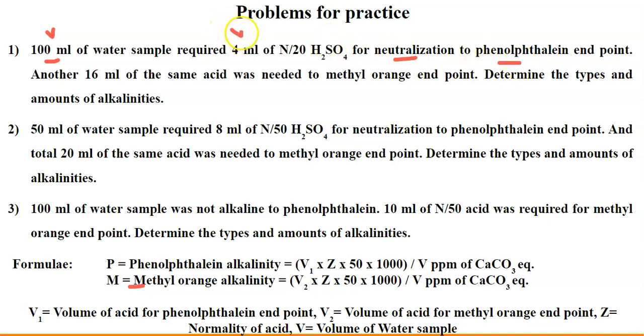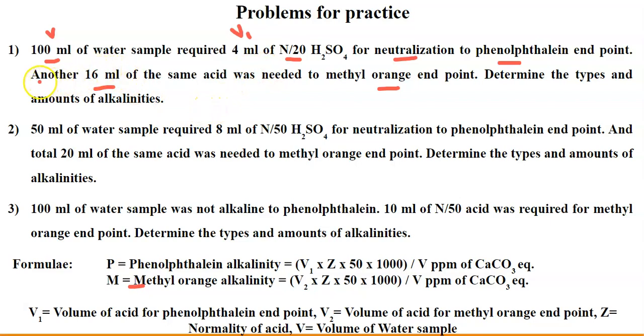So V1 in this case would be 4 ml. Normality of acid is N by 20. Normal means 1 by 20 normal. So 1 by 20 normal you have to calculate and you will get the normality of acid. Then it is given another 16 ml of the same acid was needed to methyl orange endpoint, and we have to determine the types and amount of alkalinity.